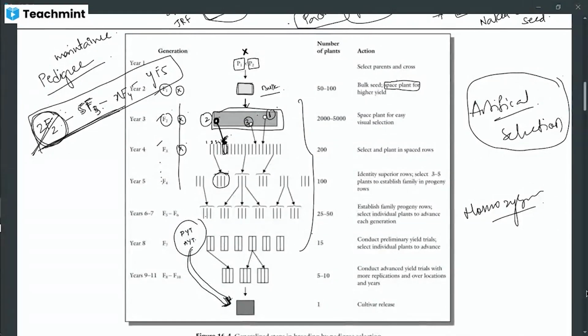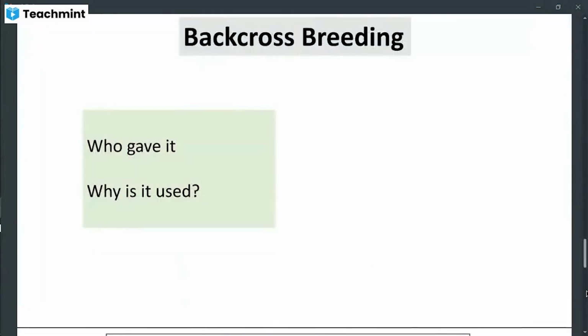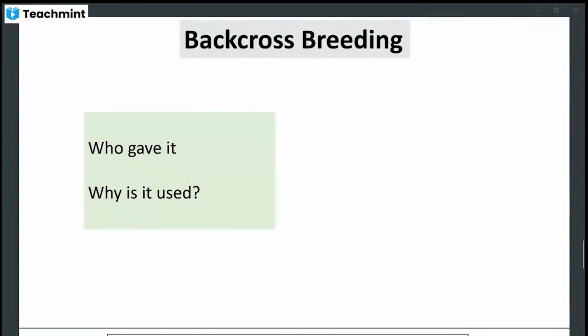Right? So now we will see the backcross method. Do you have any idea who gave the backcross breeding procedure?